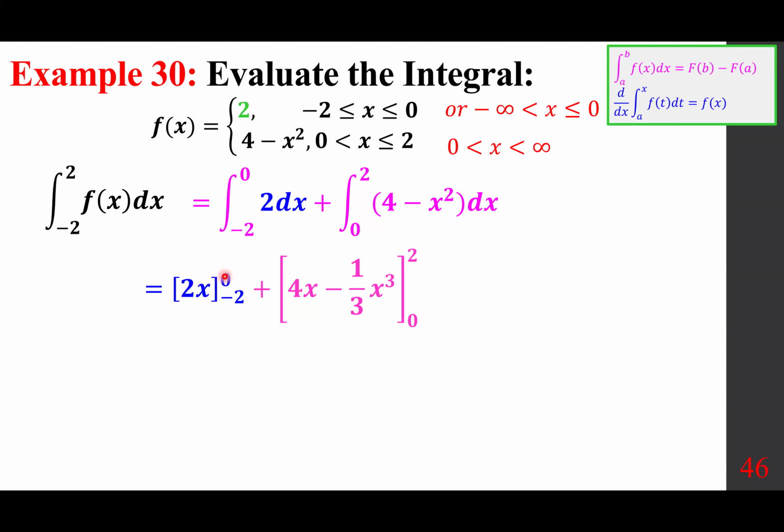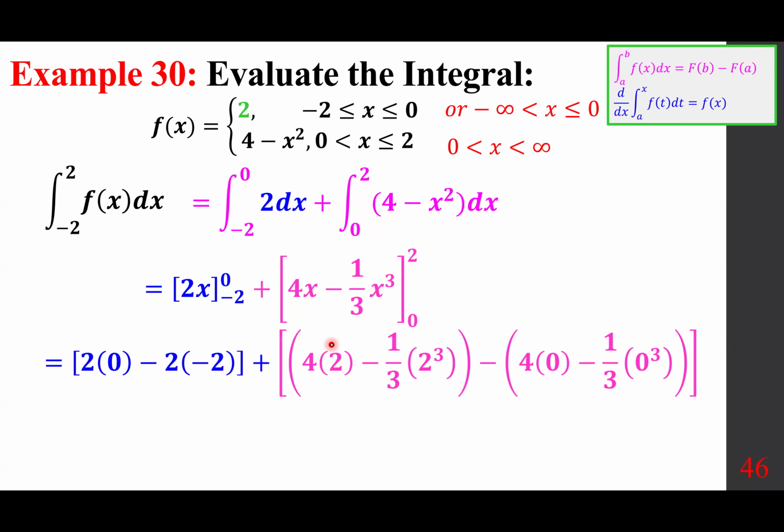So you plug in 0, you plug in negative 2, you get 2 times 0 minus 2 times minus 2, you get 4 times 2 minus 1/3 times 2 cubed, and then you plug in 0, that gives you 0. So you're evaluating, of course, very fast, everybody. This one is just 0, right?